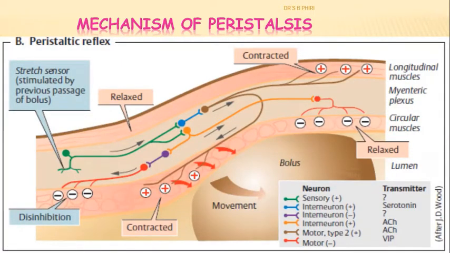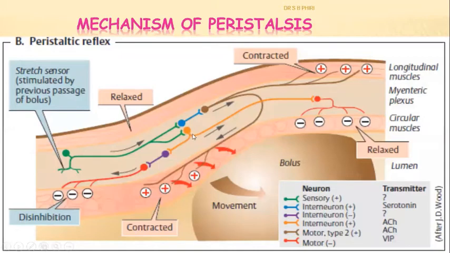Remember the orientation of longitudinal muscles and also circular muscles? Then the circular muscles behind the bolus are stimulated to contract as well. The contraction of the circular muscles will decrease the lumen, pushing the bolus forward.